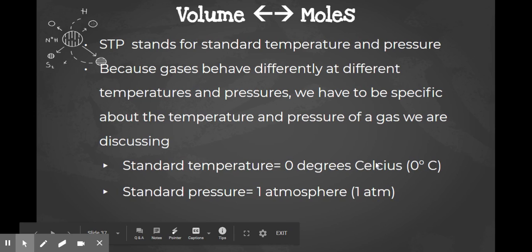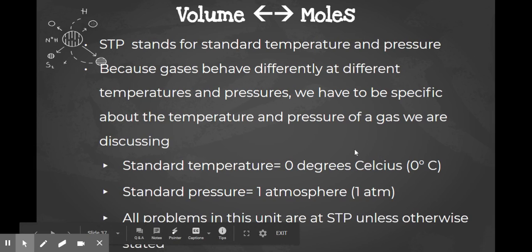It's a good standard for doing these problems. And like it says there, I'll move up so you can read that. All the problems that we will talk about in this section are at standard temperature and pressure. Later on, we'll get into changing that. But for now, you just need to know what it is and that you don't really need to worry about it a whole lot. But it's important.